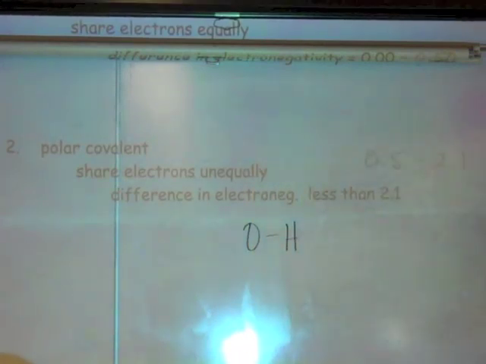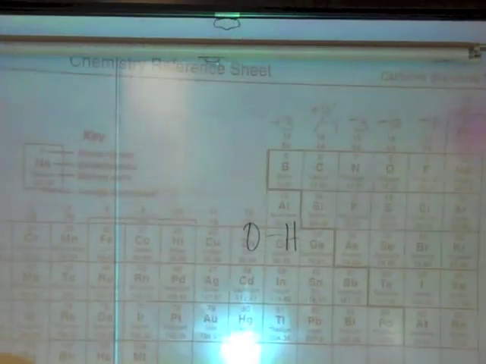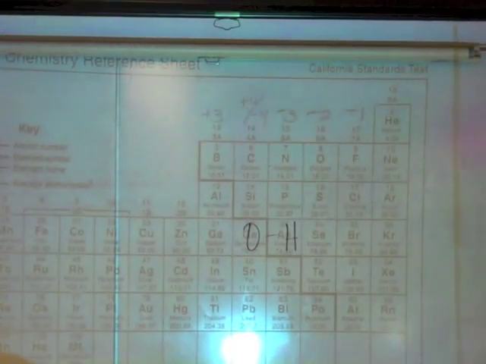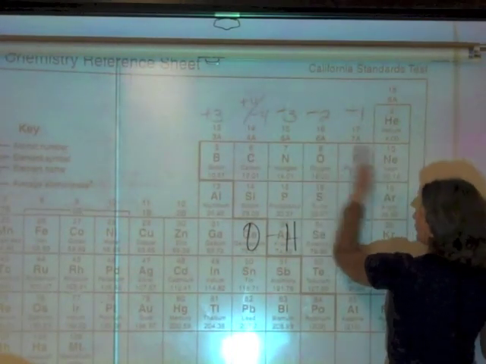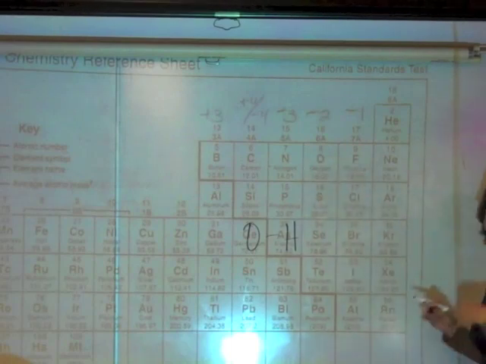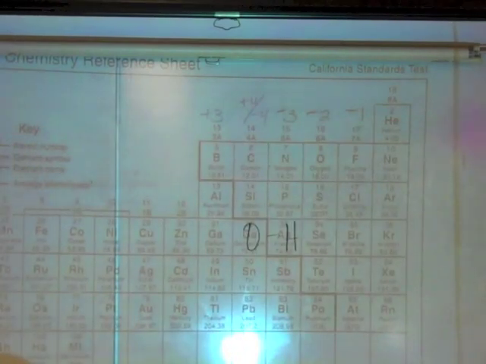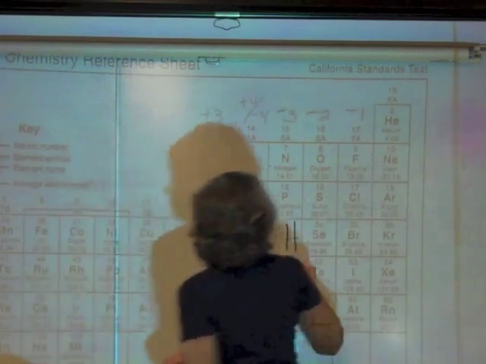If we use the periodic table, you guys, we compare, there's hydrogen, and there's oxygen. Oxygen is further over here, it's actually going to have a much greater electronegativity. How much greater? Oxygen has an electronegativity of 3.44.